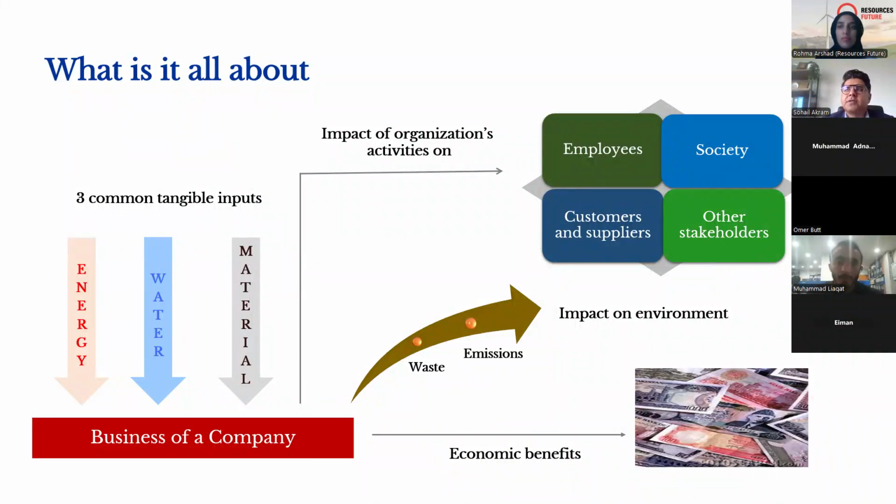The social risks could be like loss of key suppliers due to non-compliance with the labor laws, like they were involved in child labor or forced labor, or inadequate safety measures leading to accidents or health issues for employees or customers.